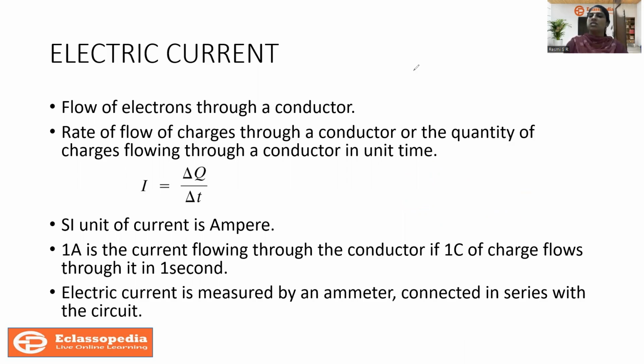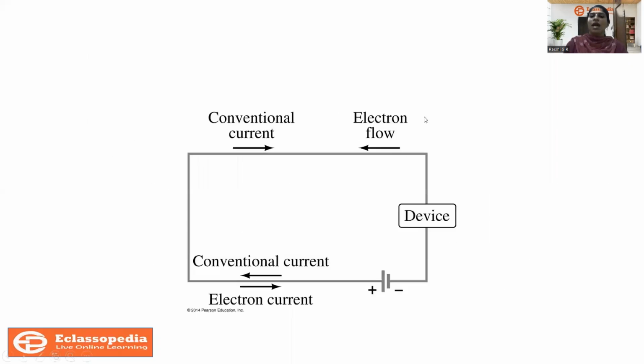And current is usually measured by an ammeter. If we consider an electric circuit, a device is connected to the battery through a metallic wire, then naturally electrons will flow through the metallic wire, and from the diagram itself it is clear that the direction of current will be opposite to the direction of electron flow.